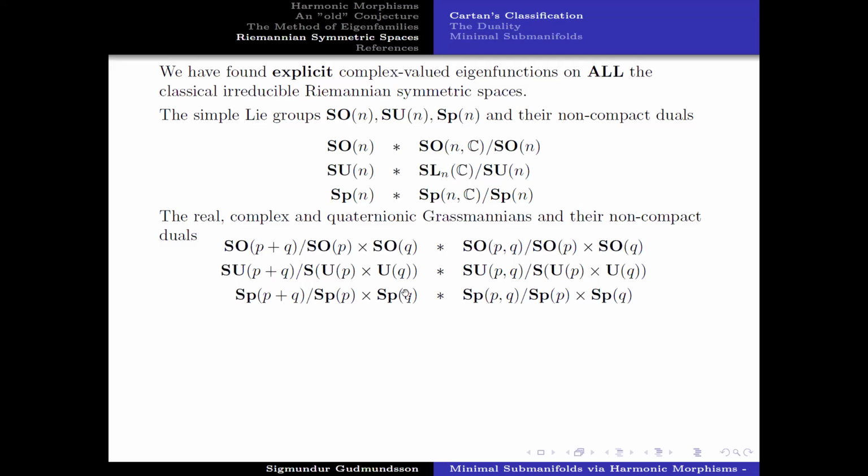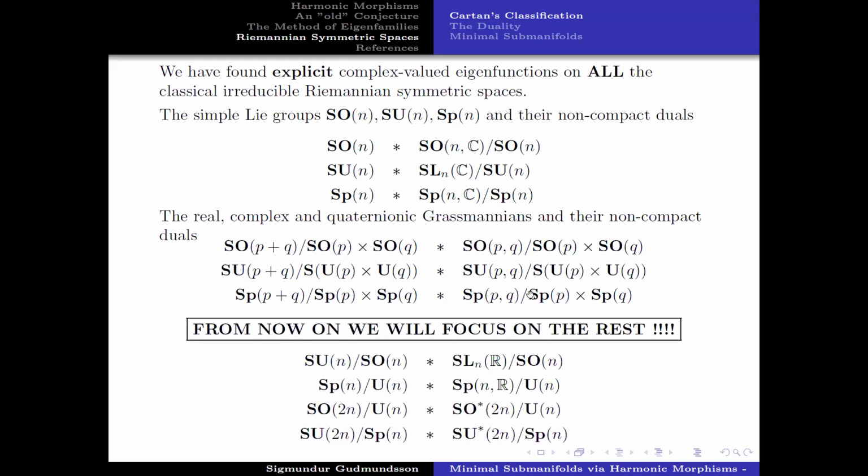You see that this is compact, this is non-compact, this is compact, this is non-compact. They come in pairs. Same down here. Okay, so from now on, we will focus on the rest. I will particularly explain this here, how the duality works.